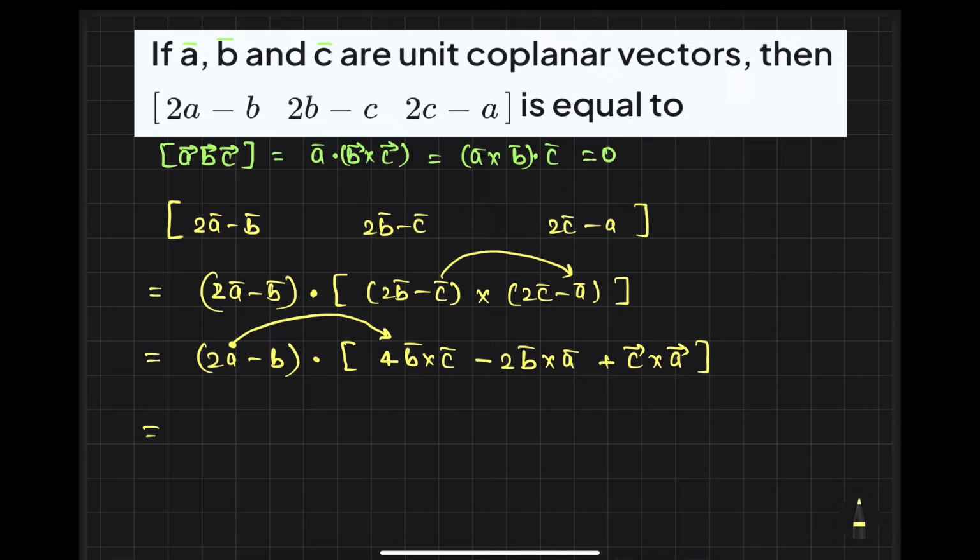Now it has vector a and it has vector a, so again it will become 0, because in the first row you will write a1, a2, a3, and in the third row of the determinant you will write a1, a2, a3. So in any determinant, if any two rows or any two columns are the same, its value will become 0.